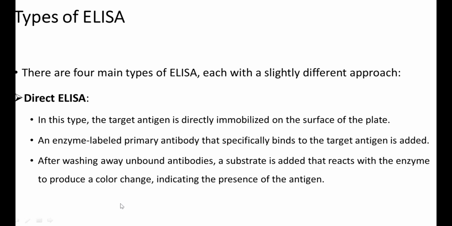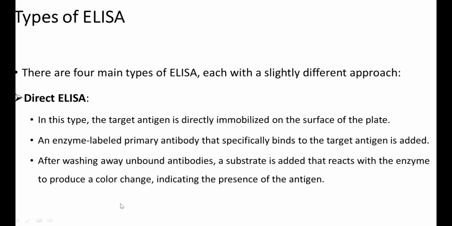The first, direct: for example, a patient comes to the hospital and we take the patient sample. That sample is poured onto the microtiter well, which is not coated. Then we add the antibody which is linked with the enzyme. When there is antigen in the patient sample, it forms the antigen antibody complex and the enzyme becomes activated.